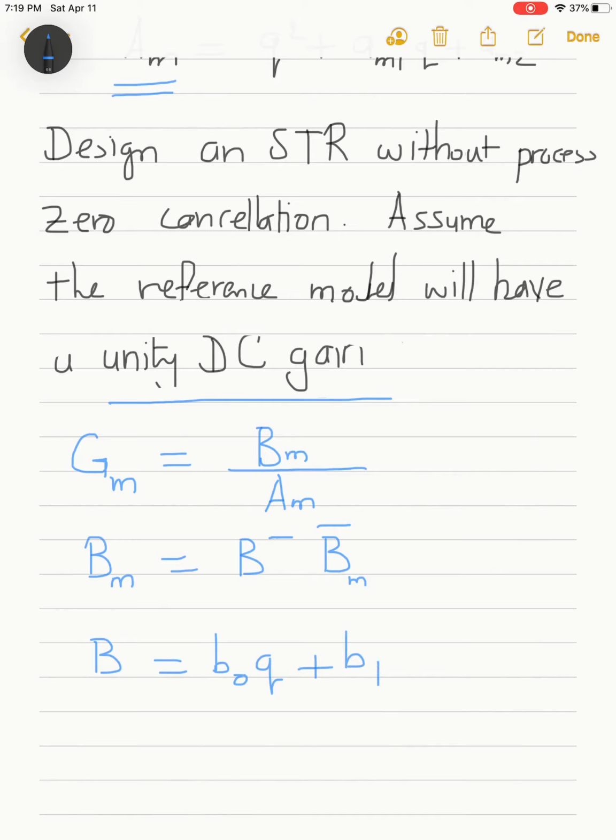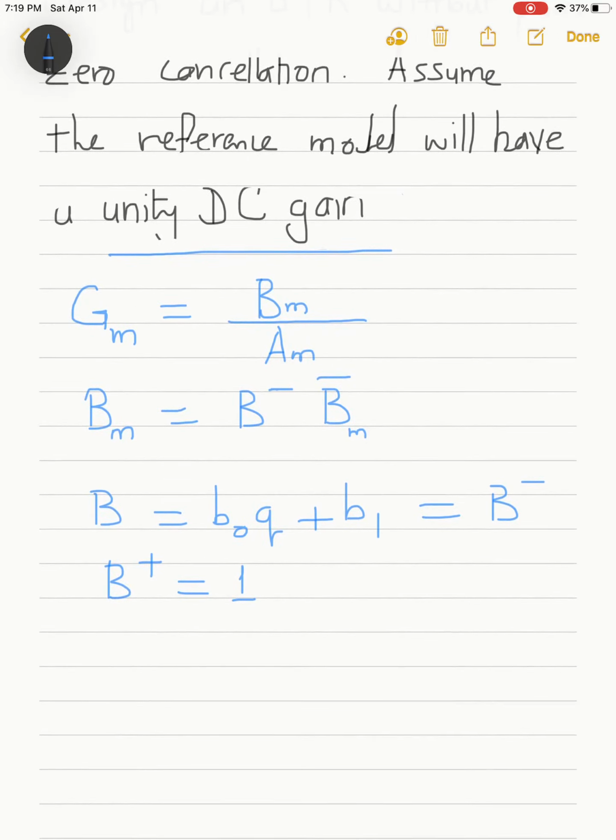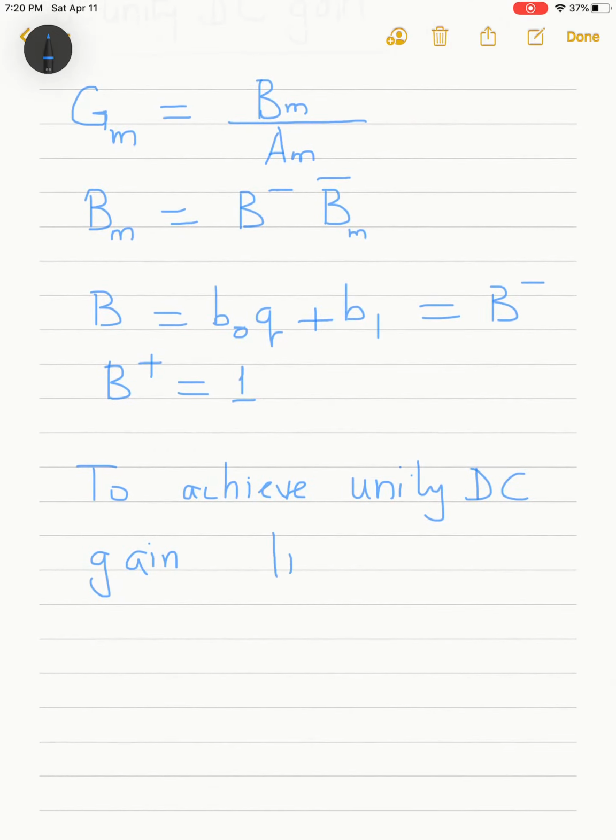That means I can take this equal to B minus, and consequently B plus will be just equal to 1. Now in order to achieve a unity DC gain, we require the limit as q goes to 1 of Gm of 1 to be equal to 1.